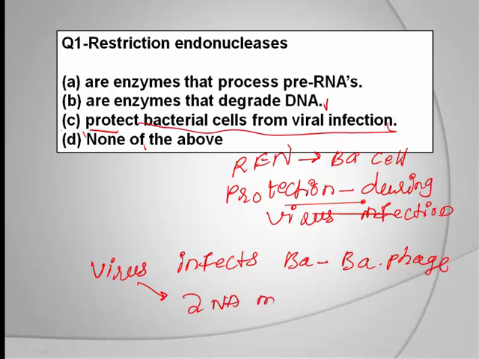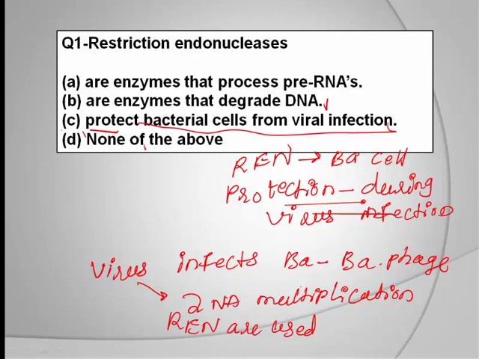The bacteriophage is a virus which infects the bacteria, and to prevent the DNA multiplication in the bacterial cell, the REN are used. That is why the name restriction endonuclease.